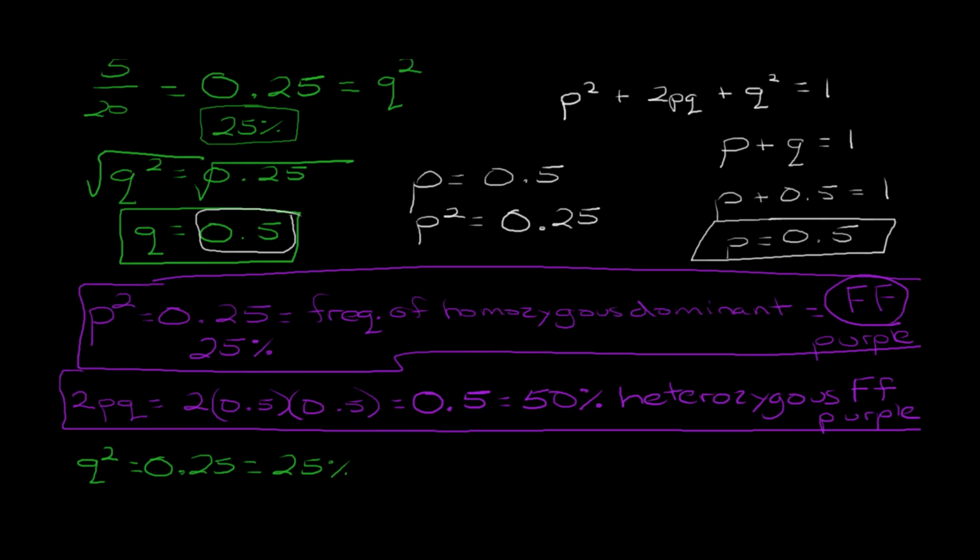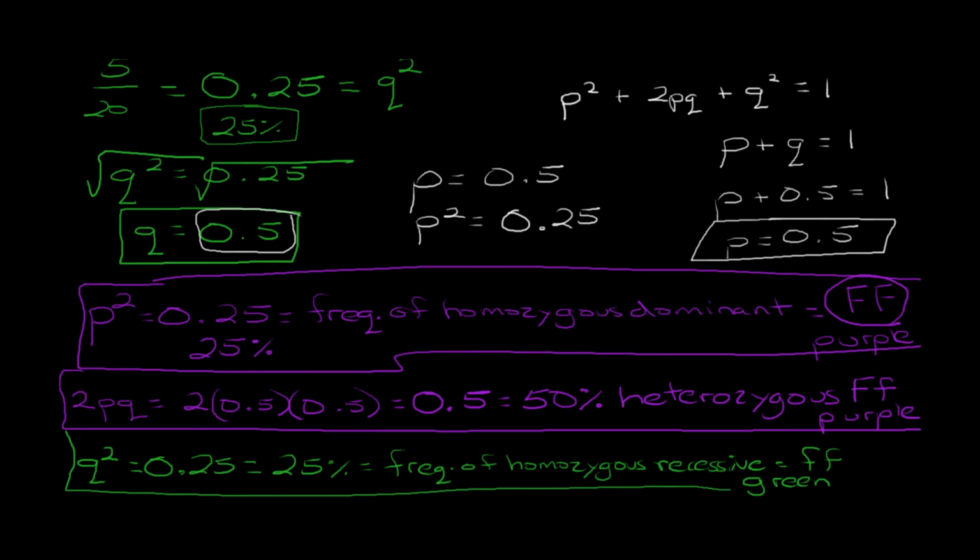And remember, Q squared gives you the frequency of the homozygous recessive individuals. And so they're going to have the lowercase f genotype, which means that they're going to have green feathers.